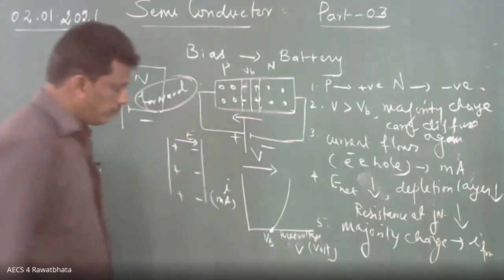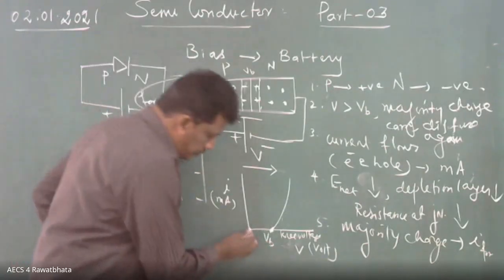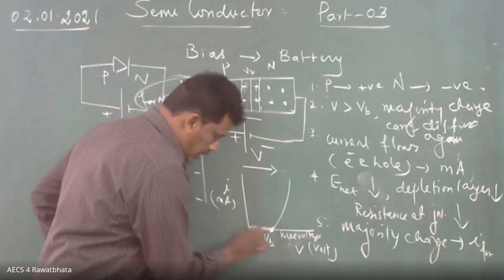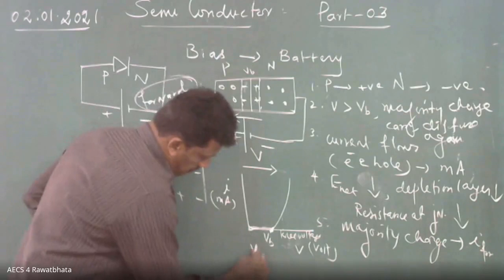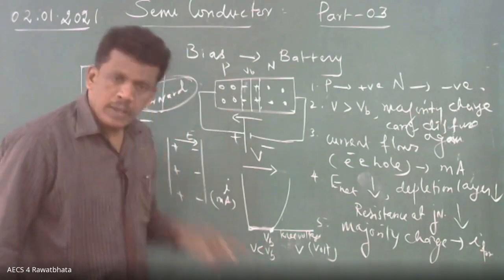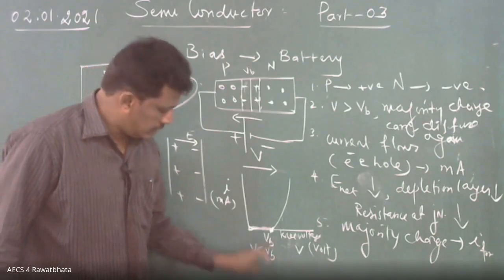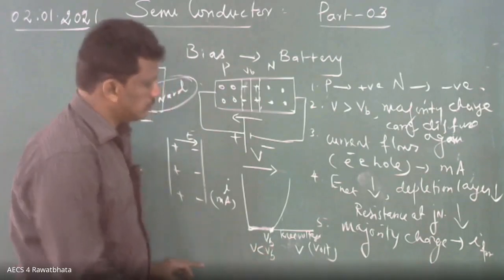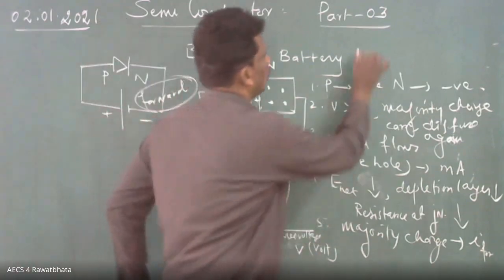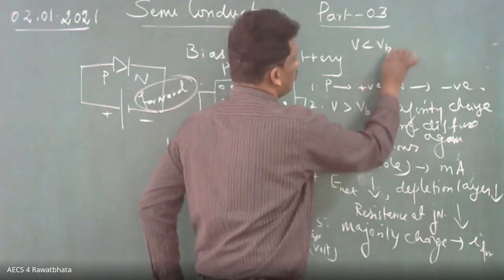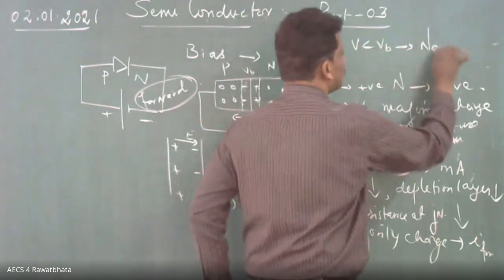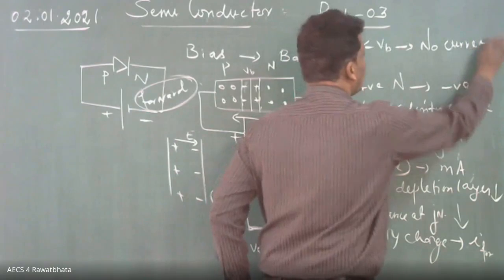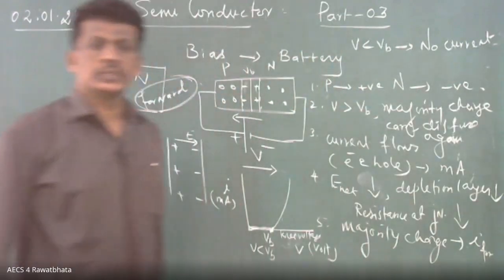Now you see, up to this portion, why no current? Here V is less than VB, so no current. You write all the points, very useful.